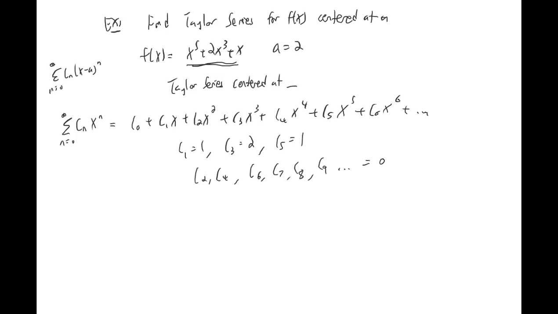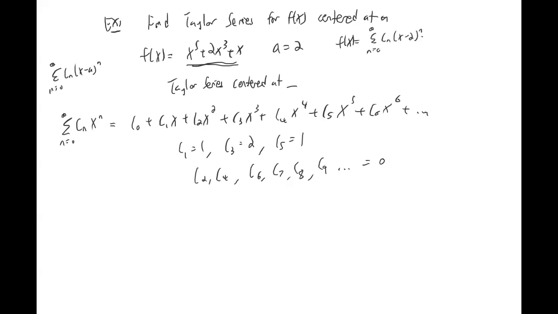The question wants you to recenter it. The question wants you to write f of x as, I mean, these c's are different, by the way, the sum from n equals 0 to infinity.